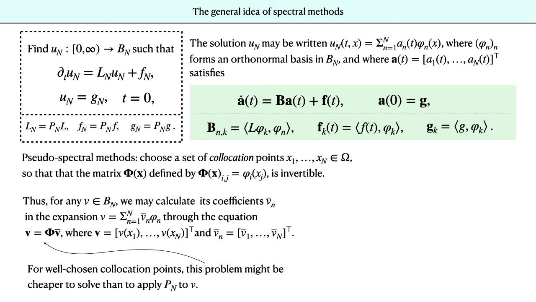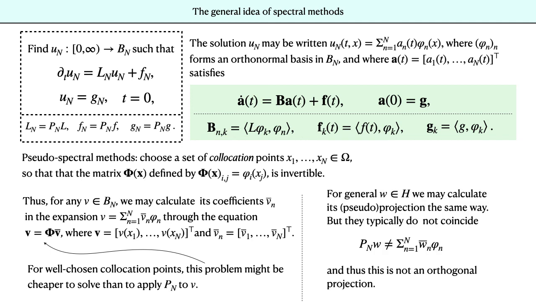So this is the point: calculating the projection might now reduce to a much cheaper problem, and this generalizes to general elements in your Hilbert space. You can think that any element in your Hilbert space has a projection down to Bn, and in Bn we can calculate the coefficients of this projection by this matrix equality.